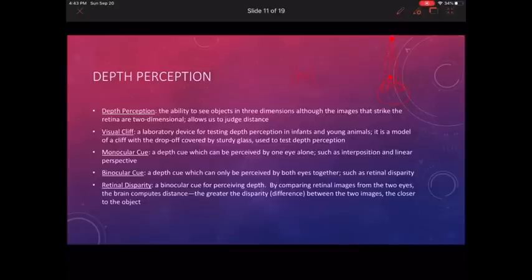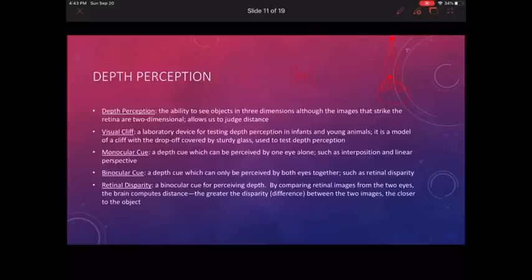And so the images that your two eyes are getting are approximately the same image when it's far enough back. But when something's really close to your face, your two eyes are getting very different images because they're oriented at different angles to be able to look at the image.